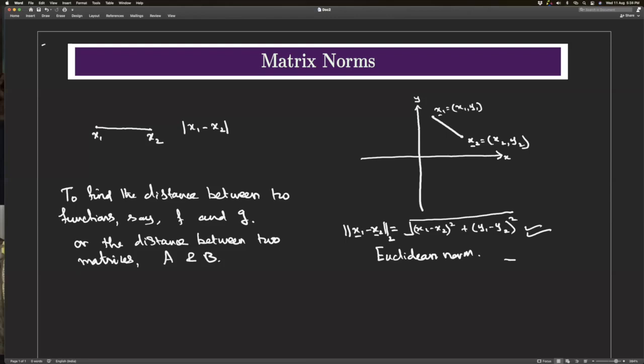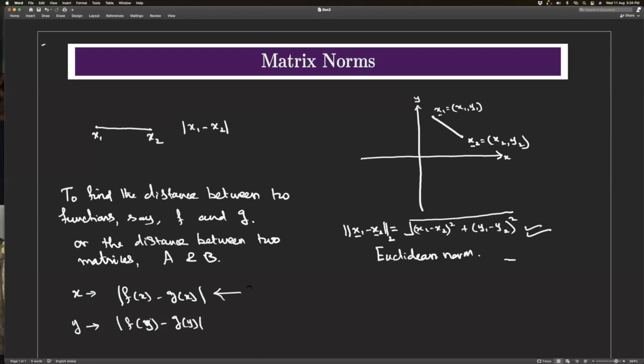Of course, it is not clear what we mean by distance between 2 functions. Is it that you give me an x and then I will find f of x minus g of x and then take the modulus of that? If that is so, then you may also give me another point, say y, and with that I will generate an entirely different number, modulus of f of y minus g of y, right? Now, which one should I take?